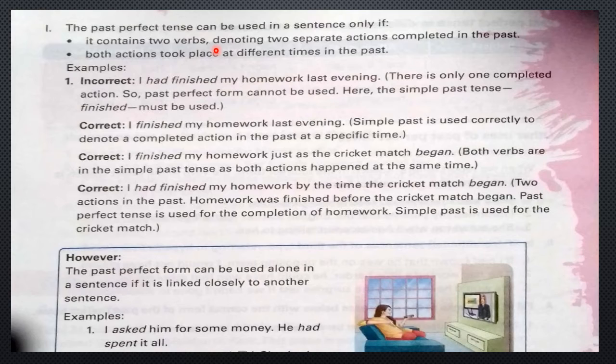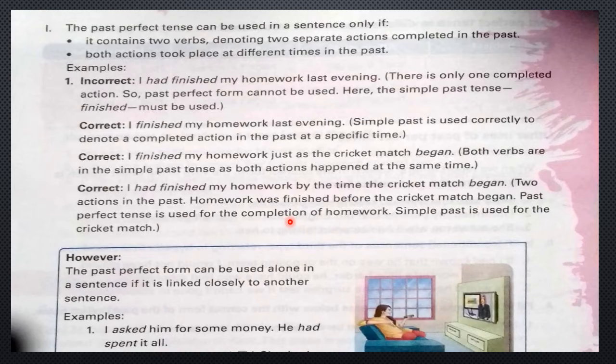Now third correct one, I had finished my homework by the time the cricket match began. So before the cricket match began, I had finished my homework. So the first action is finishing the homework. So the examples show you something about the use of past perfect tense.